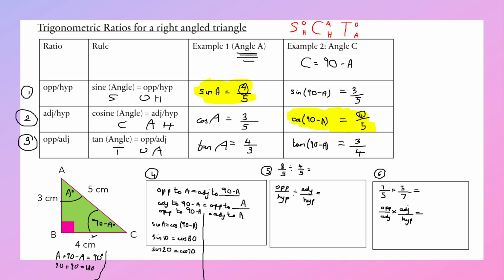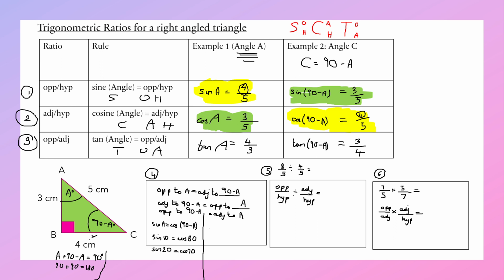Okay? Now let's see what else is the same. So I'm just going to put my highlighter on, and I'm going to go to green. If we have cos A here, we know these two are the same now. So what's special about this? Well, I'm just going to put on my pen.